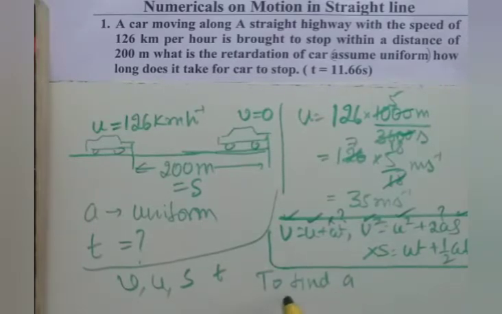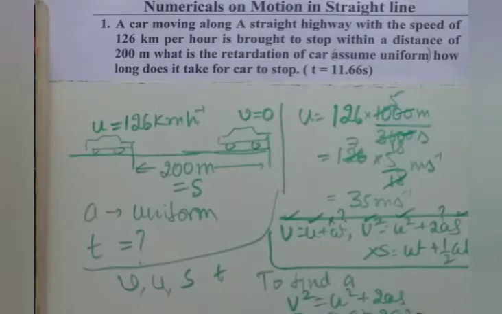Find A. V square equals U square plus 2AS. V is 0, U is 35 square plus 2, A we don't know, S is 200. So A from this is minus 35 square by 400, which amounts to minus 3.06 meter per second square. Observe, units to be written carefully.